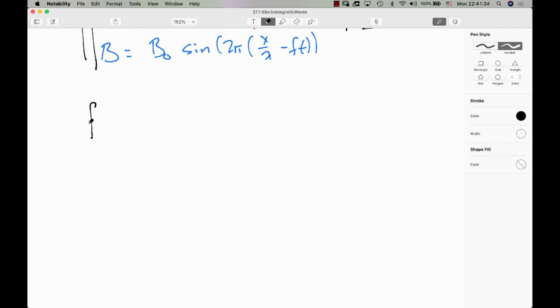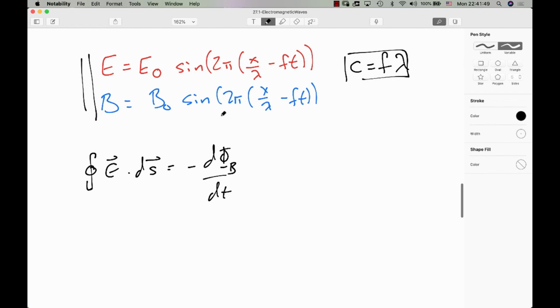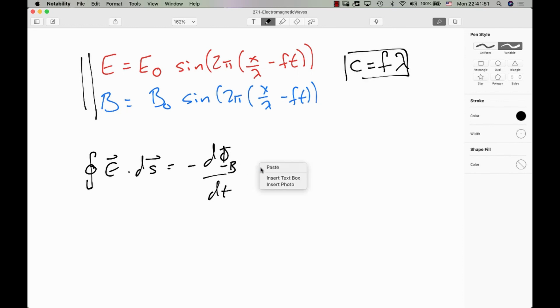Just remember that says the integral of E dot ds equals minus d phi B dt. Now, unfortunately here, I'm just going to have to assert that in a higher level math class, we can show that this implies that dE/dx is equal to minus dB/dt.